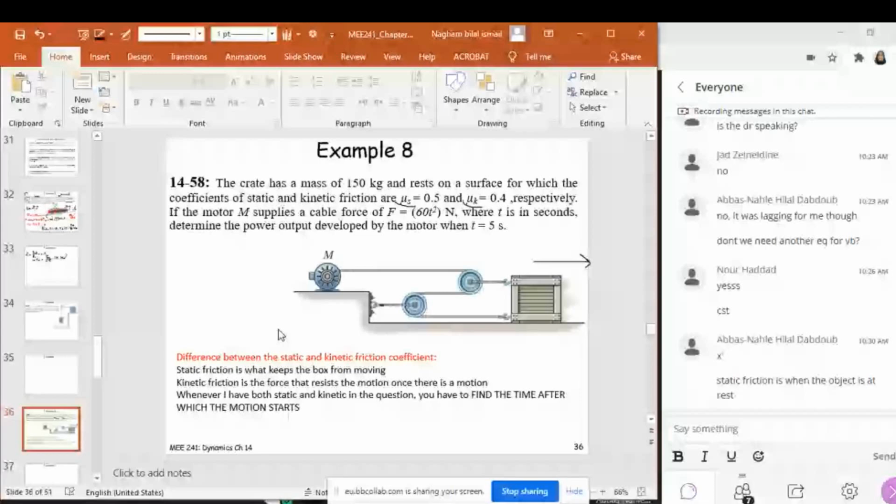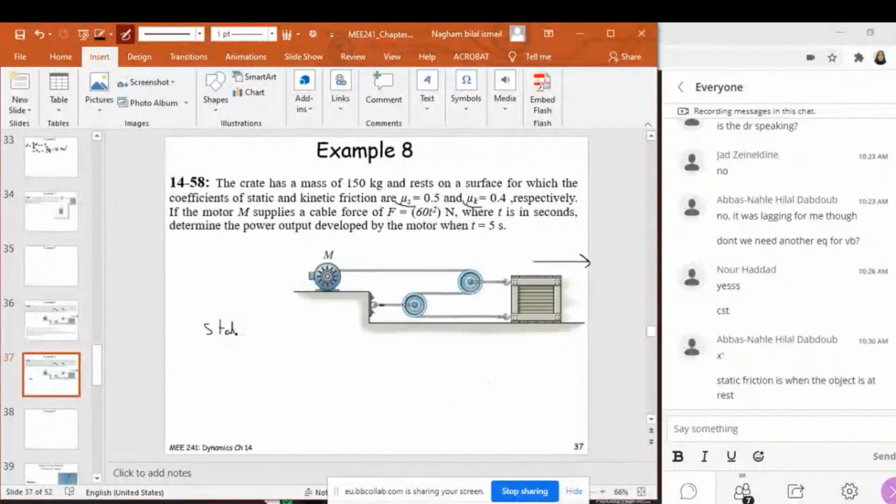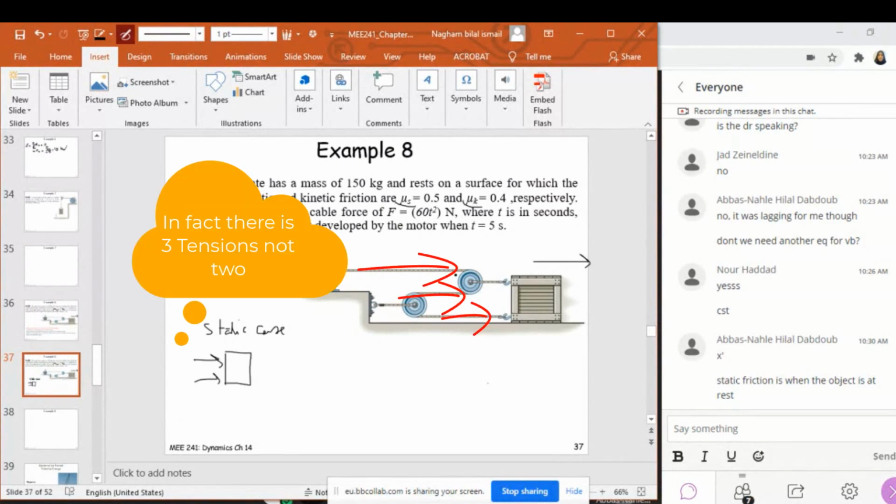Okay. So if I want to start, guys, with the static case. In the static case, there is no motion. So this is my crate. There are two forces from this motor. So this motor, guys, is pushing this crate with two cable forces, which are, of course, equal. I have a weight.